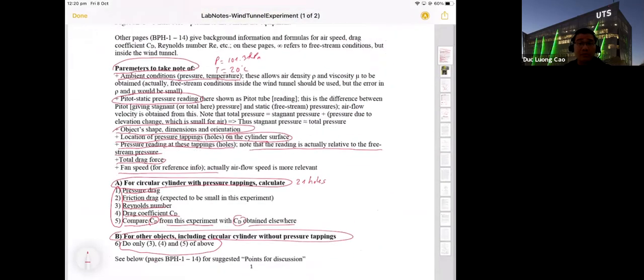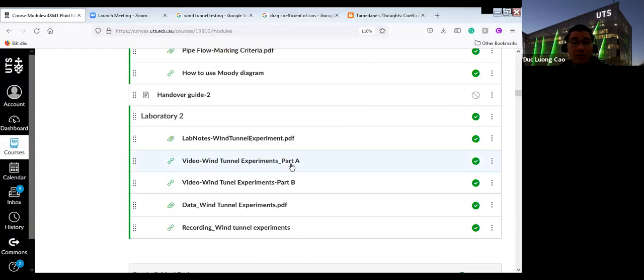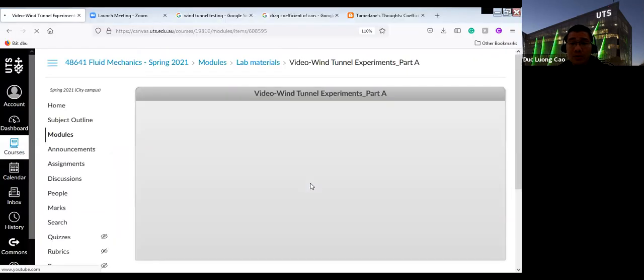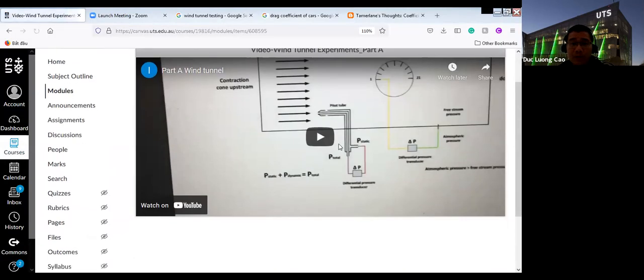And please have a look at the video on the Canvas, because now, as you know, I can't go to UTS to show you the wind tunnel directly.